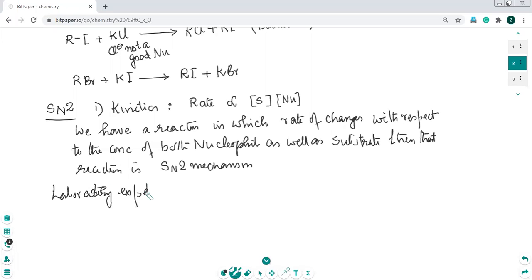You take your alkyl halide and conduct an experiment 1, in which you take 1 mole of RX, 1 mole of nucleophile, and allow the reaction to proceed.